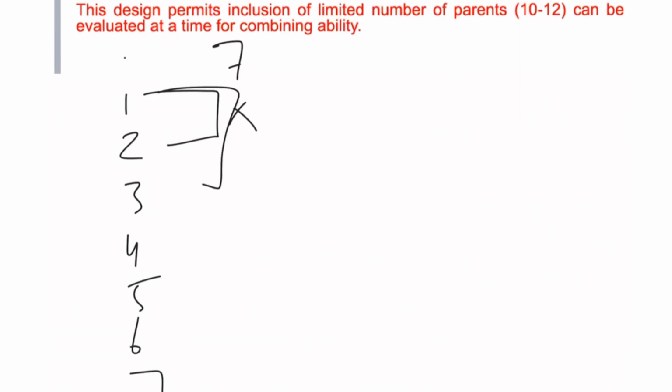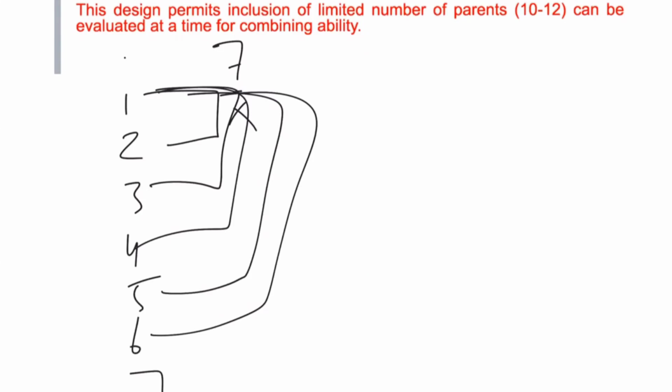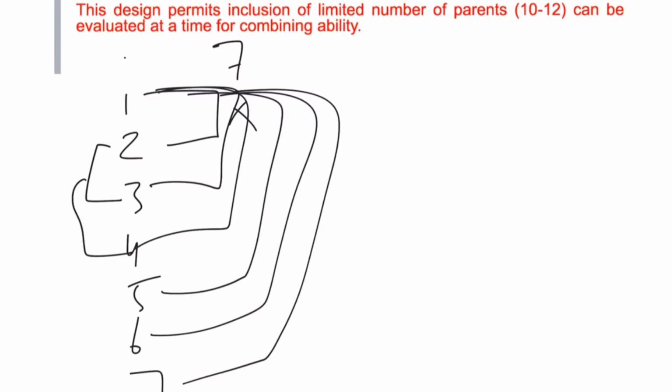Suppose there is a set of 7 inbred lines: 1, 2, 3, 4, 5, 6 and 7. Excluding reciprocals means 1 is crossed with 2, 1 with 3, 1 with 4, 1 with 5, 1 with 6 and 1 with 7. Next, 2 is crossed with 3, 4, 5 and 6, and so on.